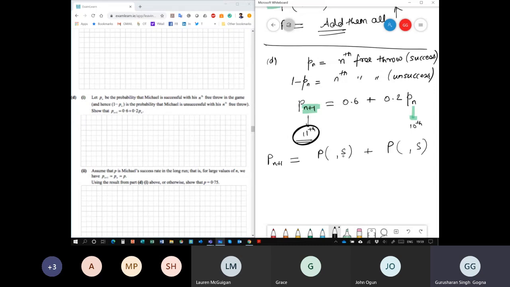There are two possibilities. The 10th throw may be successful or it may be unsuccessful. So the probability of the n plus 1th throw, I can write down as PSS plus PUS. This represents the n plus 1th throw, and this represents the nth throw.